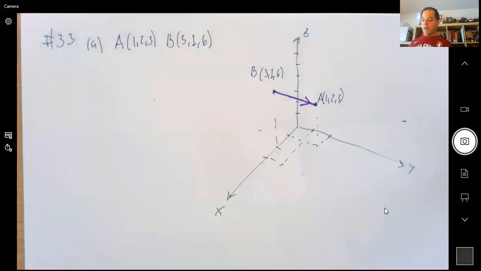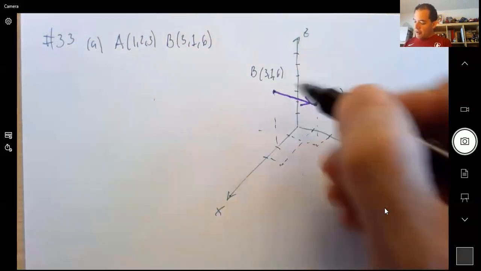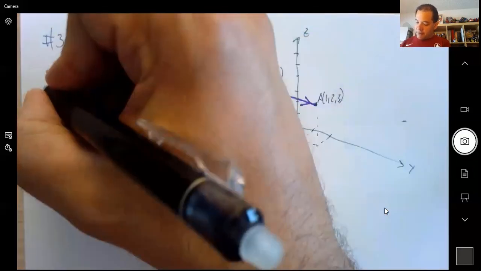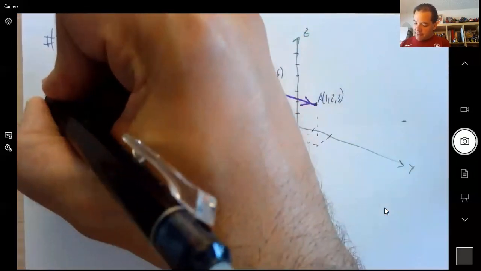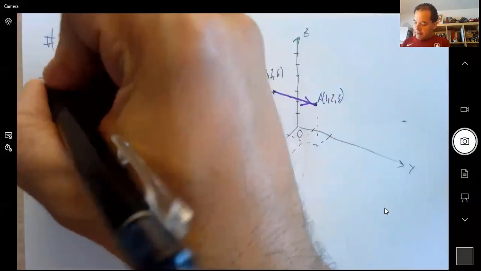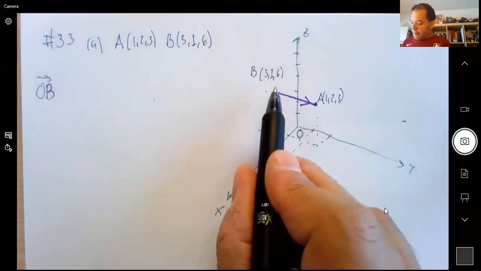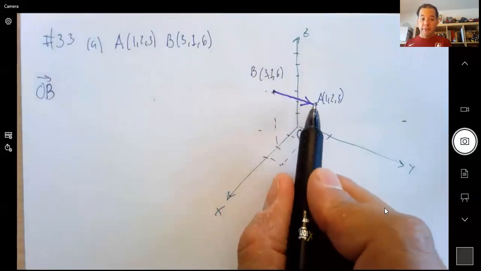And if you do B to A, then to parameterize the line segment, you start at the point B. So you do OB, from the origin to B, and then you add the vector BA times some T.